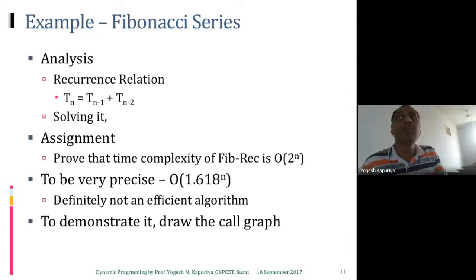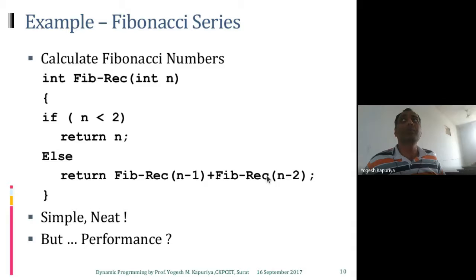So the point over here is that we are discussing the time complexity and the approach. This is called a top-down approach, because to compute the larger value on top, you are computing that larger value by using the smaller values.